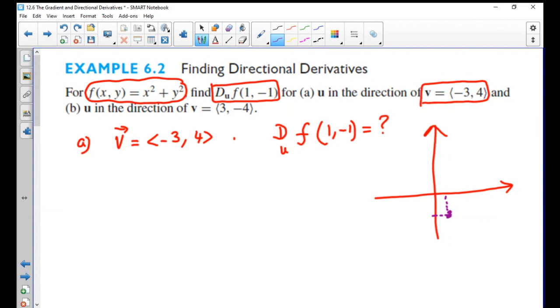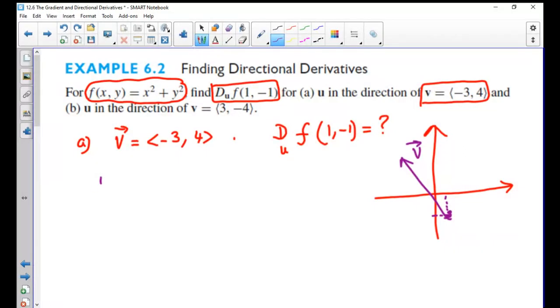So x is -3, y is 4. It's kind of going in this direction. This is the vector v. I want to know what is happening to our function in this direction of the vector v. Is it increasing, decreasing? So what is the value of its derivative?